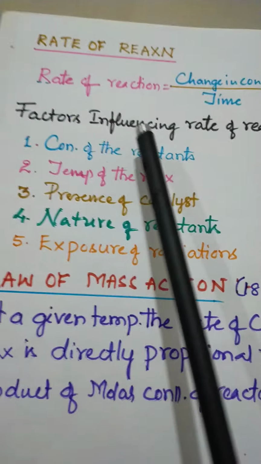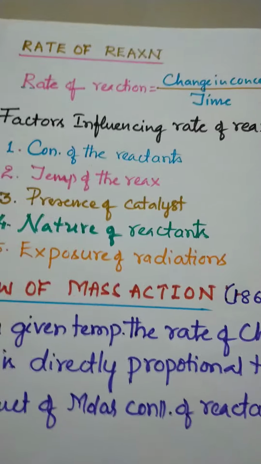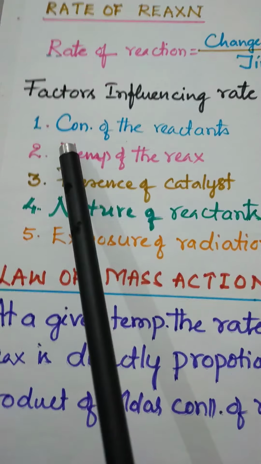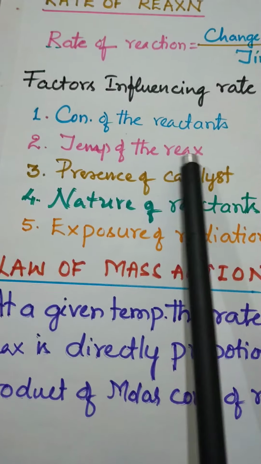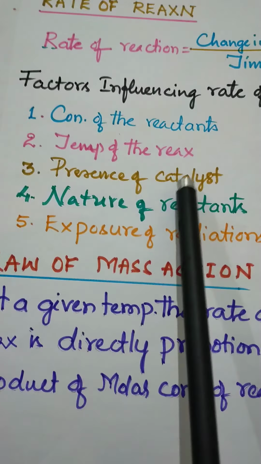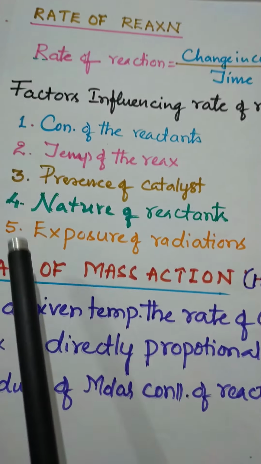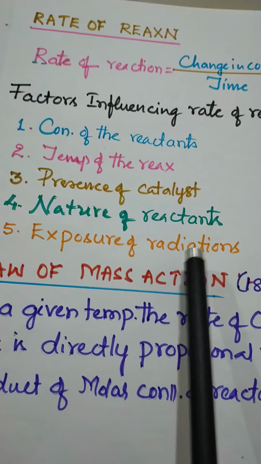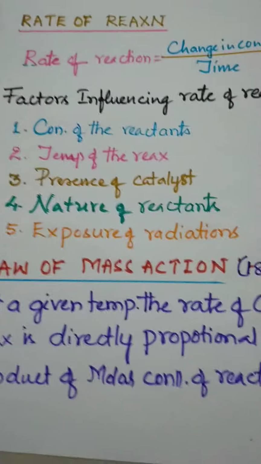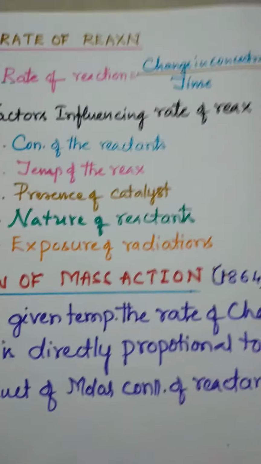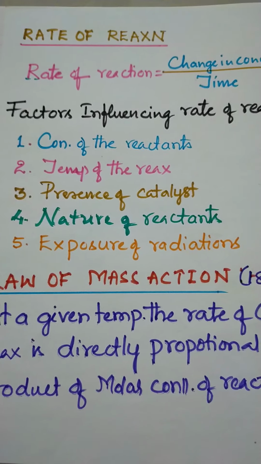So what are the different factors affecting the rate of reaction? The first point, concentration of the reactants. The second one, temperature of the reaction. Third one is the presence of a catalyst. Fourth one, nature of the reactants. The fifth one is exposure to radiations. For exposure to radiations we have to recall the points regarding the haloalkanes we studied in the last chapter.